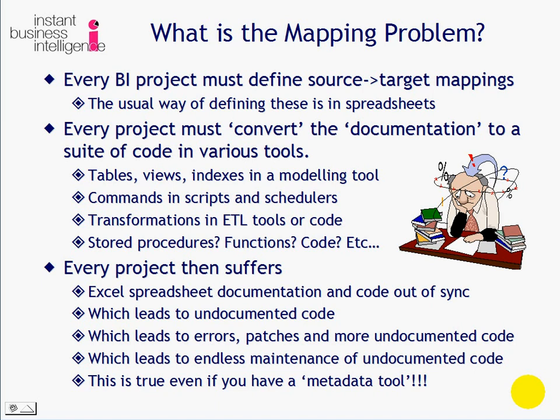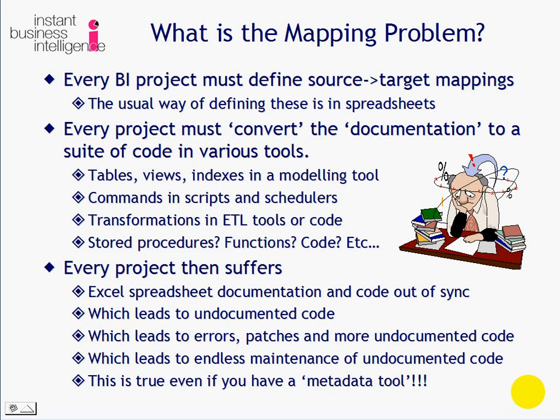And the only way to understand what the code is really doing is to read the code, not the documentation. Now, as code gets more and more undocumented, or as the documentation diverges further and further away from the code that is in production, you get an increased rate of errors, you get patches being put onto the code by people that don't really understand what the code is all about, and you get more undocumented code. And this leads to the rather endless maintenance of undocumented code.